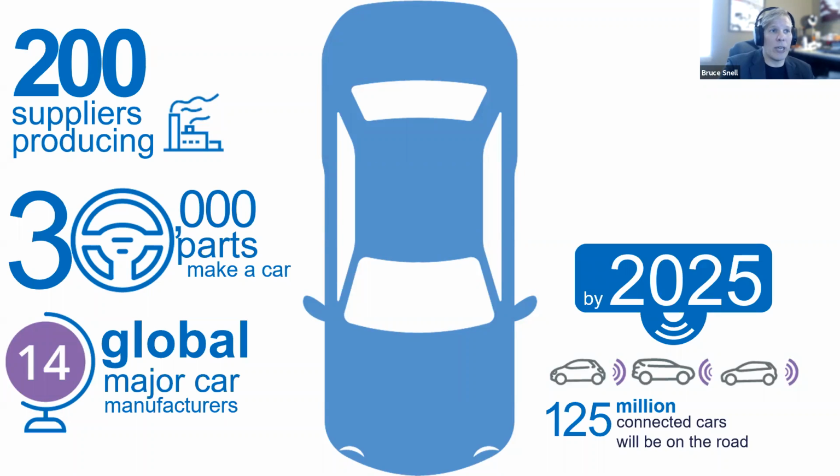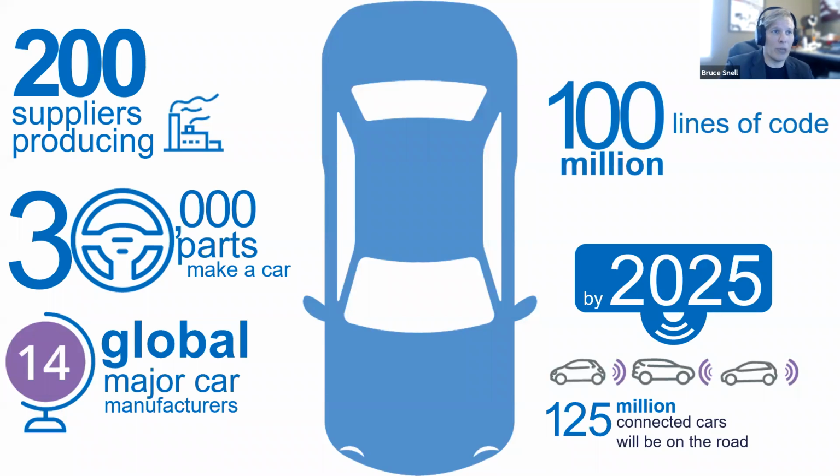We can think of a car as a large compute device, because your modern car has about 100 million lines of code, which introduces vulnerabilities. On average, a car has about 50 different attack points.